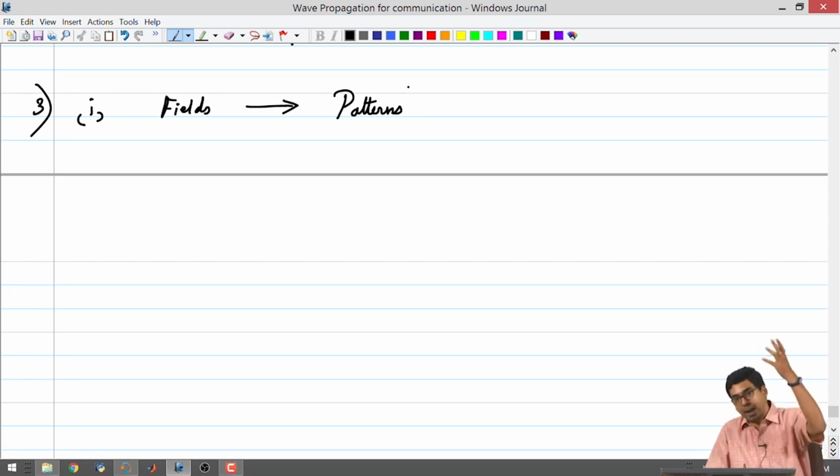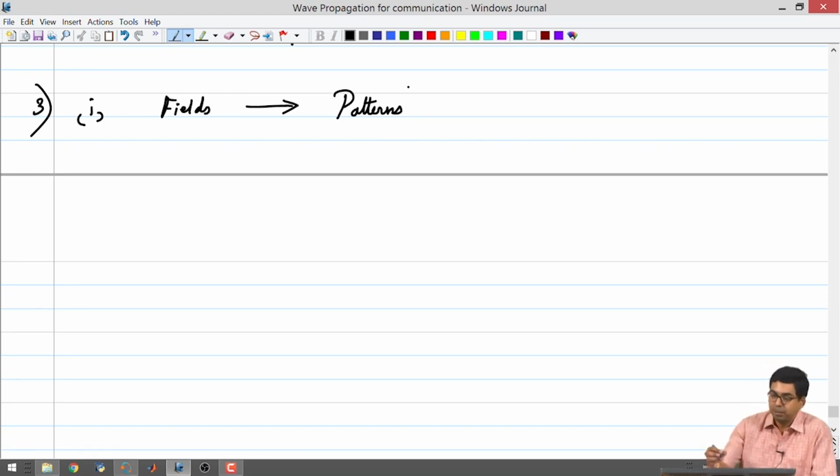Some standing wave patterns are formed in the case of rectangular waveguides also. So, the fields are existing in the form of patterns, and the patterns depend upon the value of m in the case of your parallel plate waveguide, m comma n in the case of your rectangular waveguide.